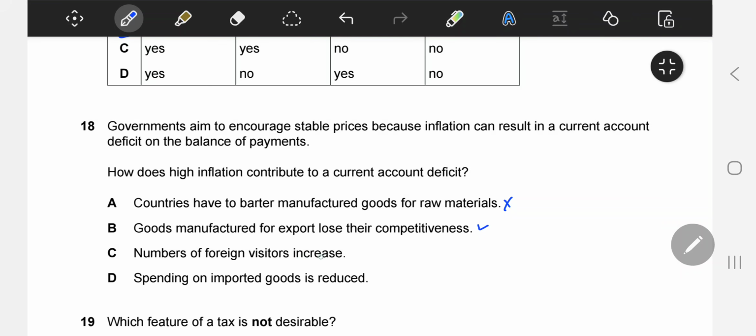Number of foreign visitors increase? No. Spending on imported goods is reduced? If there is inflation, that would be the exchange rate, but not the inflation. So this one no. So probably I am thinking B for question 18.